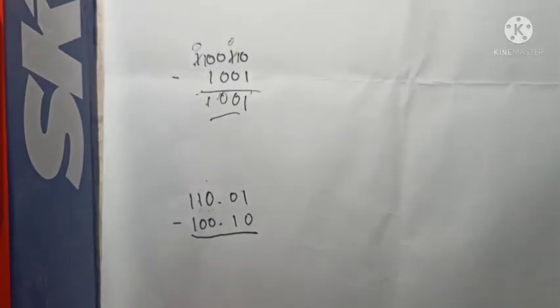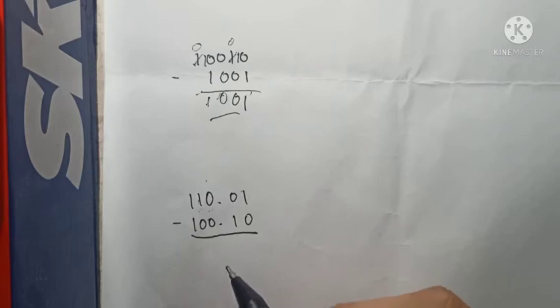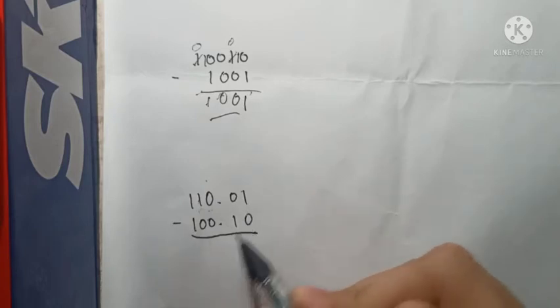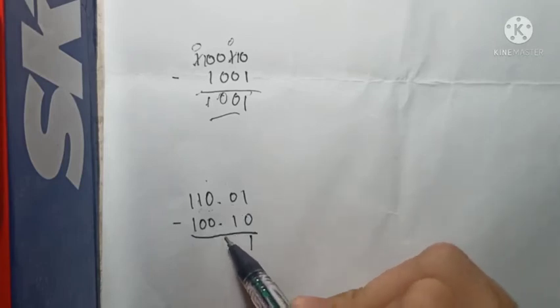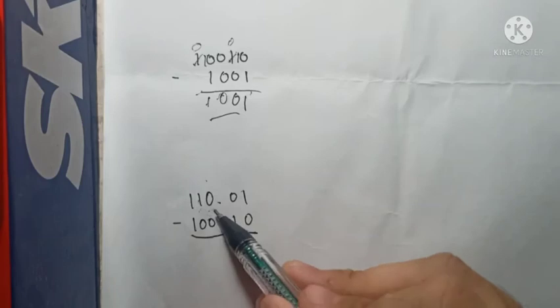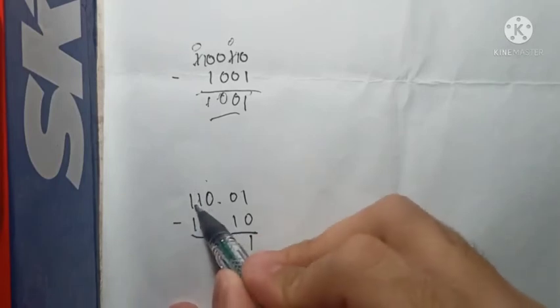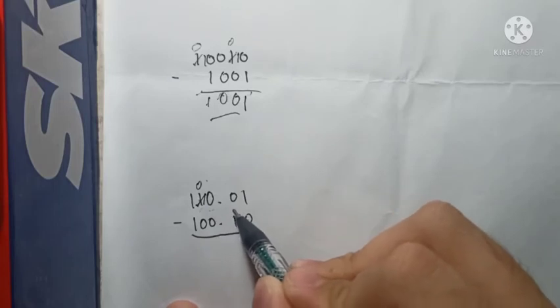For our second problem, 110.01 minus 100.10. 1 minus 0 equals 1. 0 minus 1 cannot be done. We need to borrow the value from the previous bit. Since we cannot borrow from here, we will borrow from here. This becomes 0 and this becomes 10.